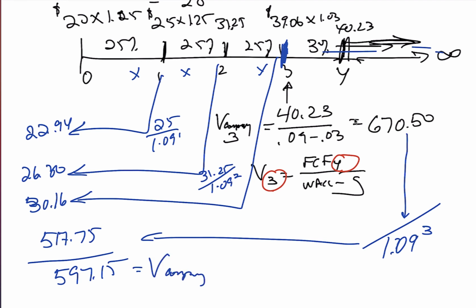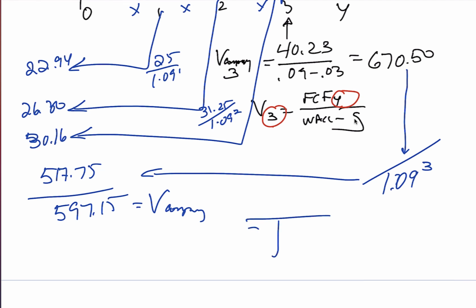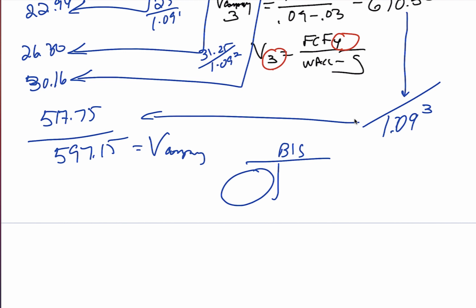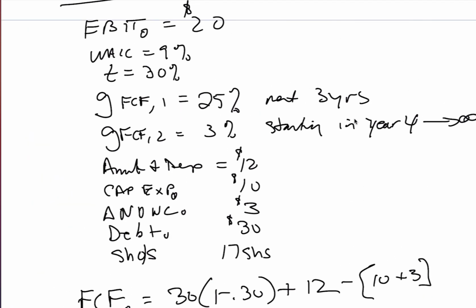Okay, that's the left-hand side of the balance sheet. Now we have to subtract off debt. And remember, debt here, where is it? Here it is, $30, and the number of shares is 17.